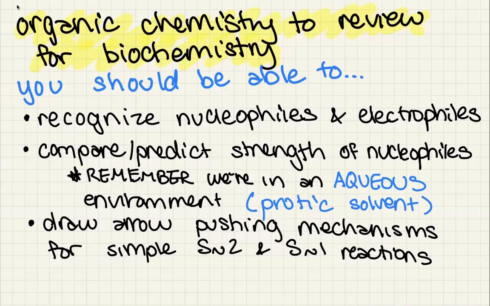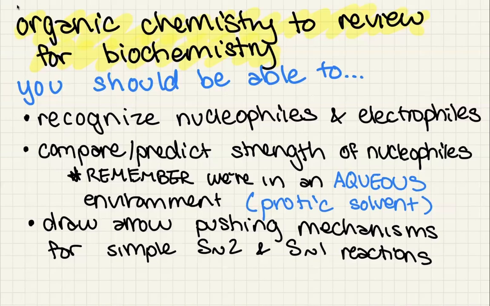And finally, let's talk a little bit about reactivity. So when we're dealing with reactivity in biochemistry, we're often dealing with nucleophiles and electrophiles. And so you should be able to recognize whether something would be a nucleophile or electrophile, and recognize if some of them would be better electrophiles than other electrophiles.